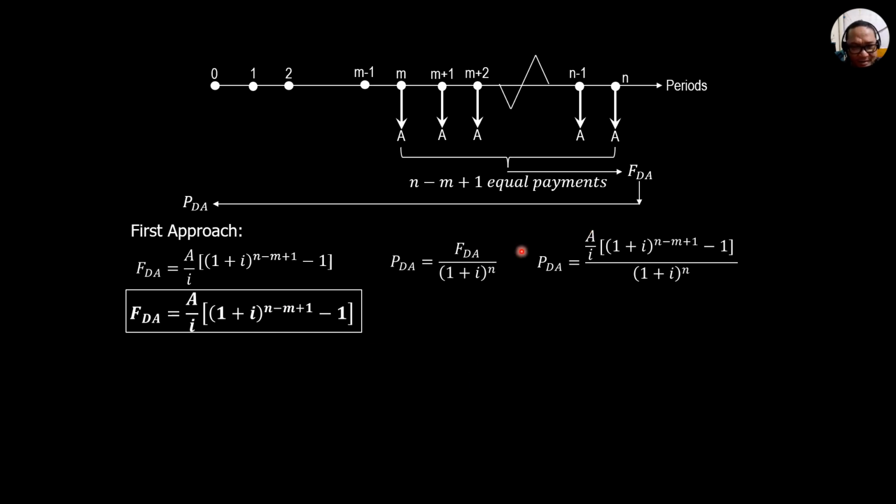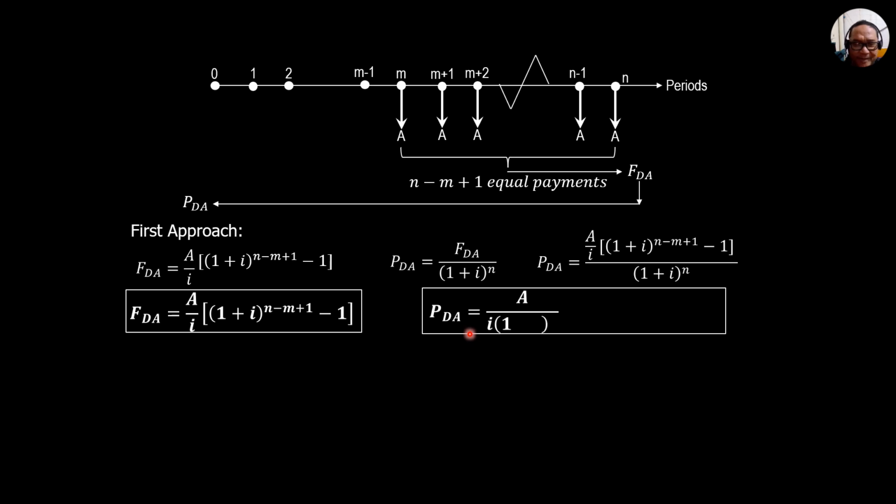I do not really memorize all these formulas. I just draw the figure, then with formulas, future worth for ordinary and present worth for single payment, those are enough for me to analyze problems on annuity. So the present worth of deferred annuity, therefore, you just copy that: A over i, 1 plus i to the n, then quantity 1 plus i to the n minus m plus 1 minus 1. I do not memorize this formula.